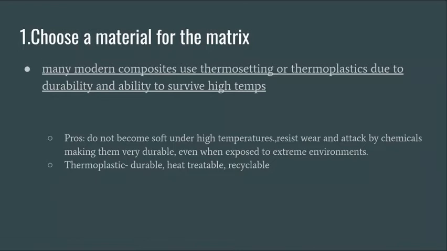So this is also why they have been put into composites nowadays, and why these materials are good for the matrix to start. So this is just step one. There are a couple other materials that are good, and I'm going to show you them on the next slide.